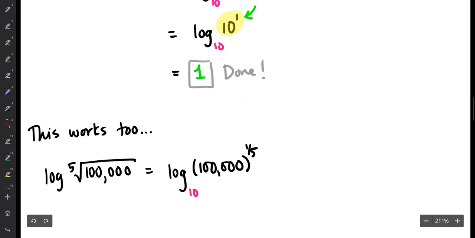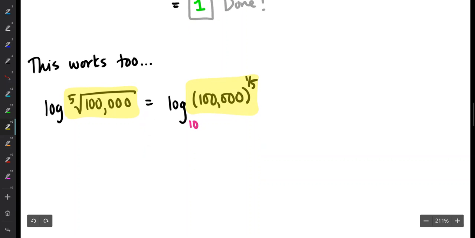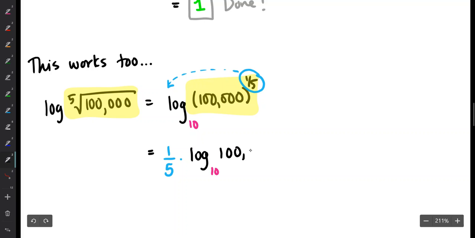It's base 10. I just rewrote that root as a fractional exponent. Now using my power property, I can bring this guy down in front and have good old multiplication. A fifth times log base 10 of 100,000.